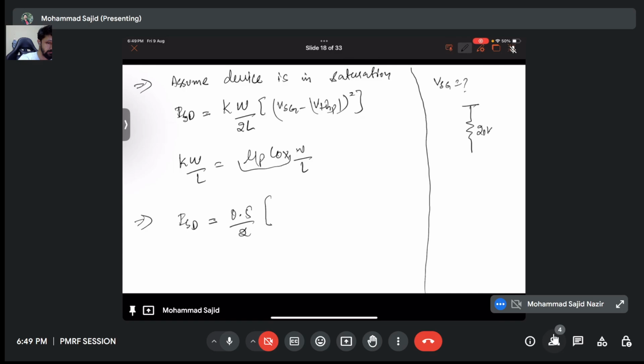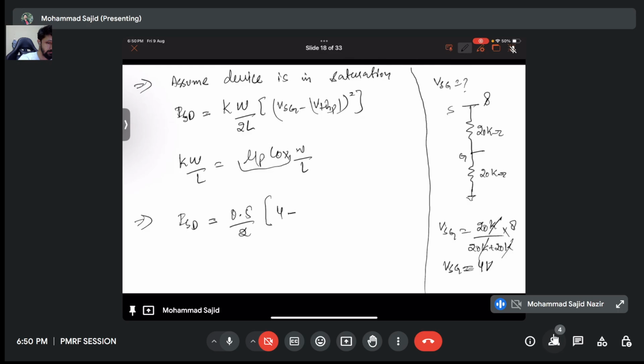You have 20 kilo ohm, you have again 20 kilo ohm. So my VSG will be 20K divided by 20K plus 20K multiplied by the voltage, that is 8 volt. So this will be 8 by 2, 4 volt.